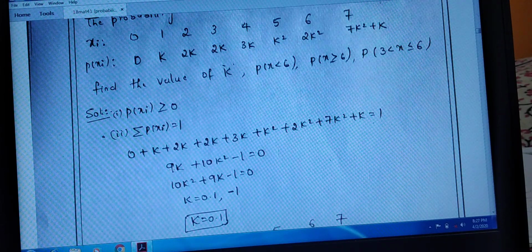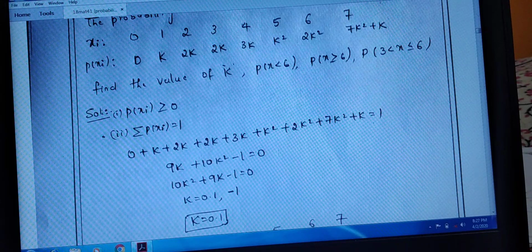First add all the k values. k plus 2k is 3k, plus 2k is 5k, 5k plus 3k is 8k, and one more k, 8k plus k is 9k. Then add the k square values: k square plus 2k square is 3k square, plus 7k square is 10k square.